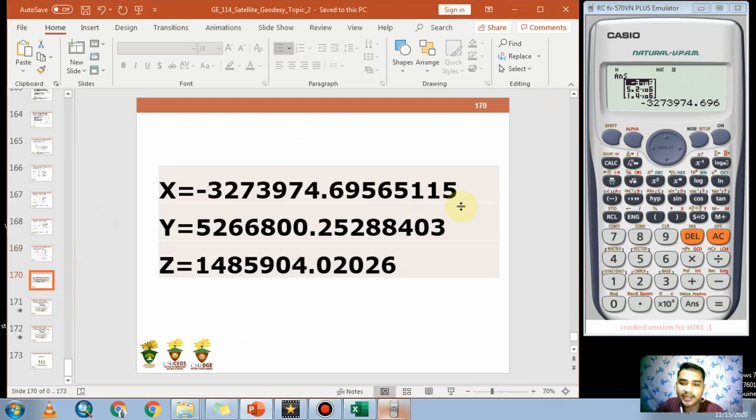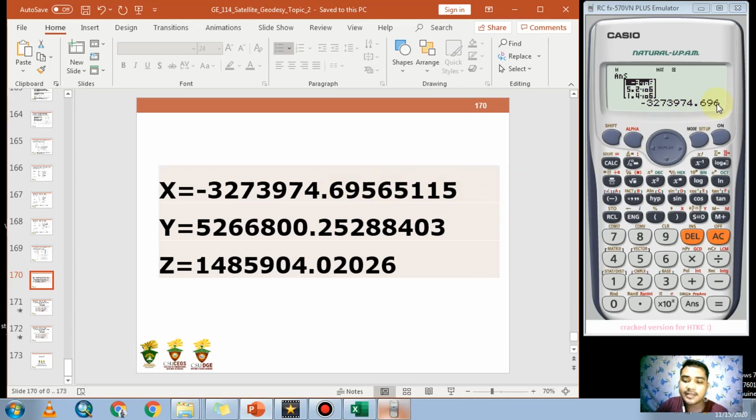Alright. Nara. So negative 3273,974.696. Alright, so kay daghan naman nig value, daghan naman ni siya og decimal points. So ang kaya ra niya ma-display sa calculator class is 3 decimal places.